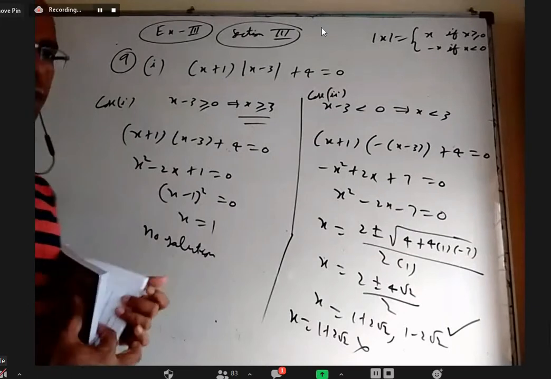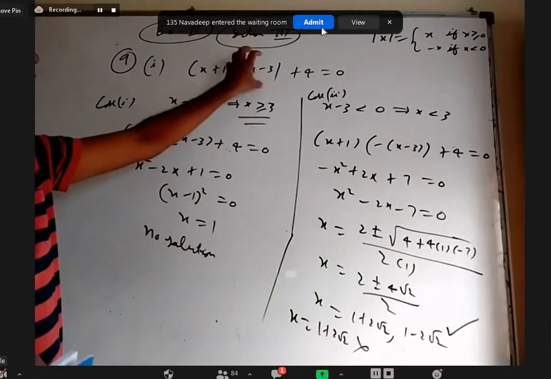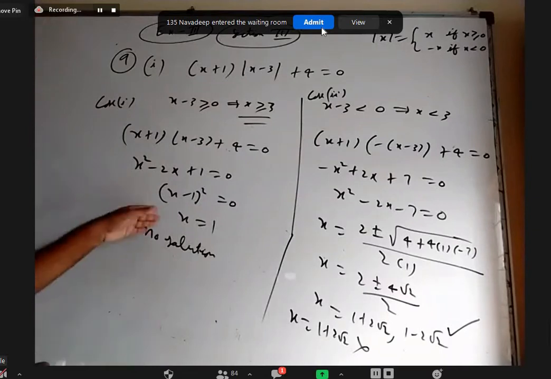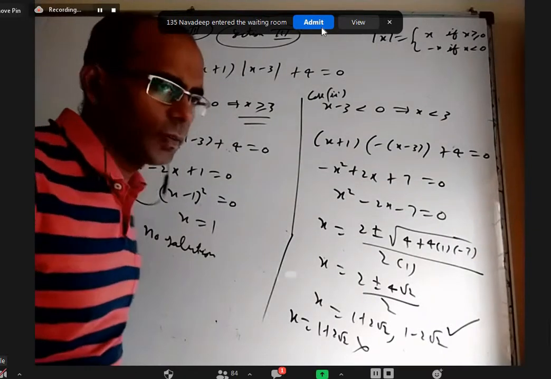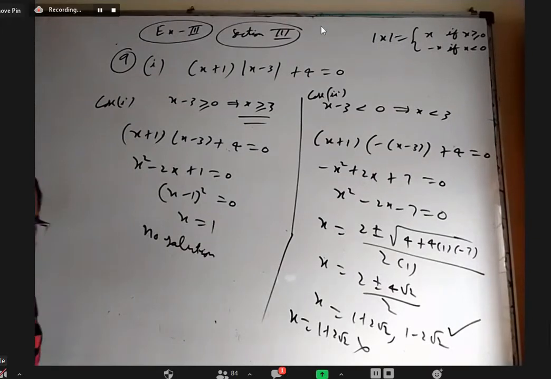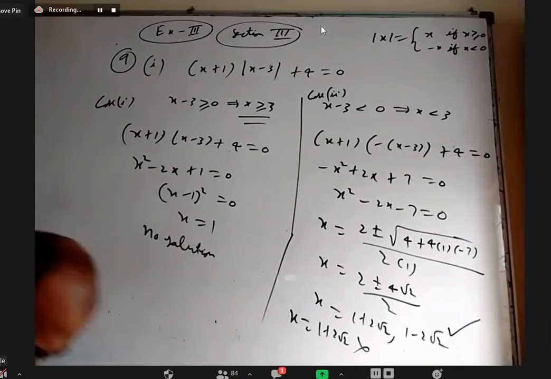So this is a normal quadratic equation only. Just to decide whether for mod x minus 3 I should write plus x minus 3 or minus x minus 3, I need to take these two cases. And after getting the answers, if they belong to the case that I took, I should accept it. If they don't belong, I should reject it.